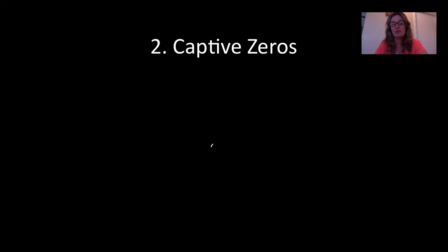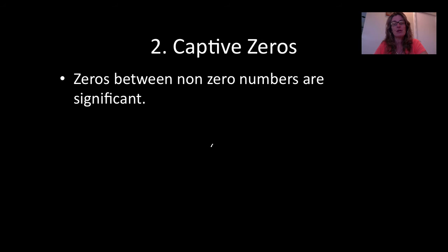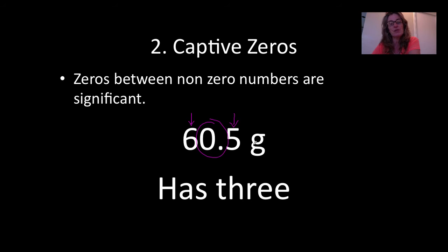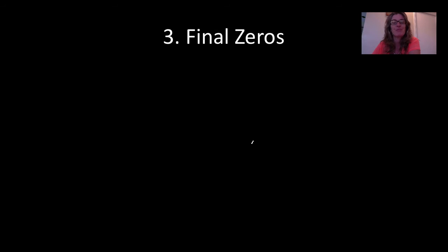All zeros that are captive between 2 significant figures, whether they are non-zero numbers or significant zeros, are significant. So here I have a 6 and I have a 5, and this 0 is captive. So it is a significant figure, therefore this number has 3 significant figures, or digits.